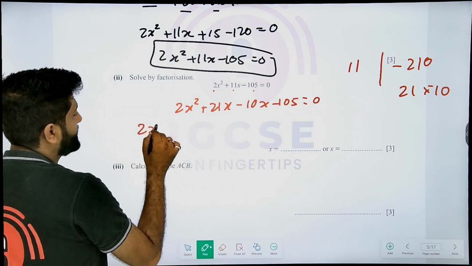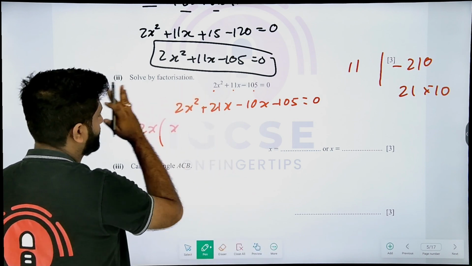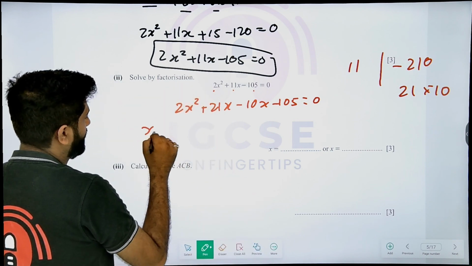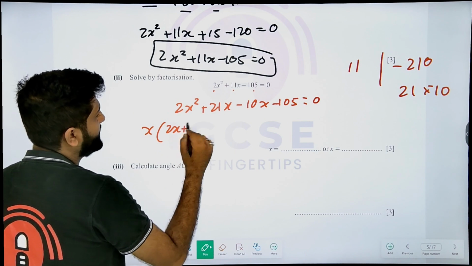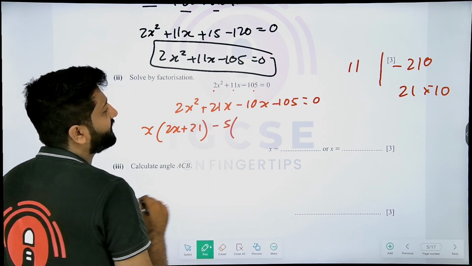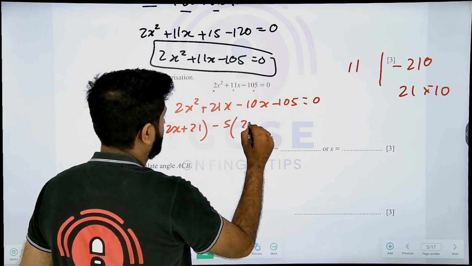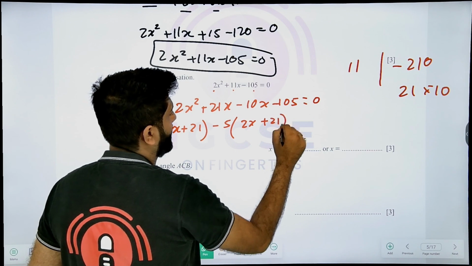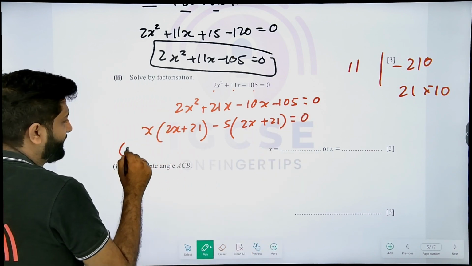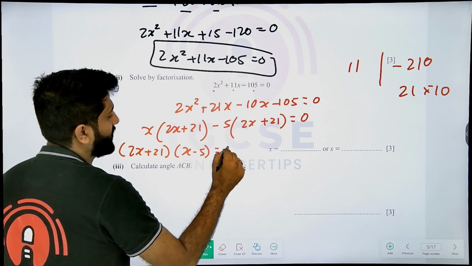If I take x common, I have 2x plus 21, and from here I can take negative 5 common. If I take negative 5 common, I have 2x plus 21. So you have 2x plus 21 times x minus 5 equals to 0.